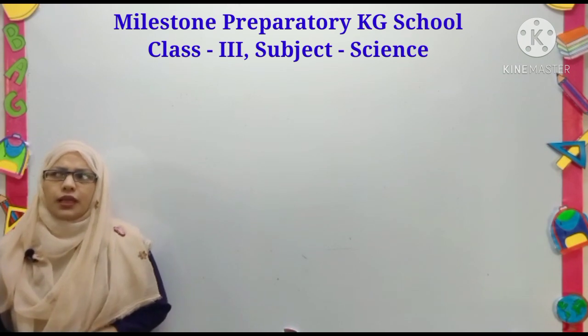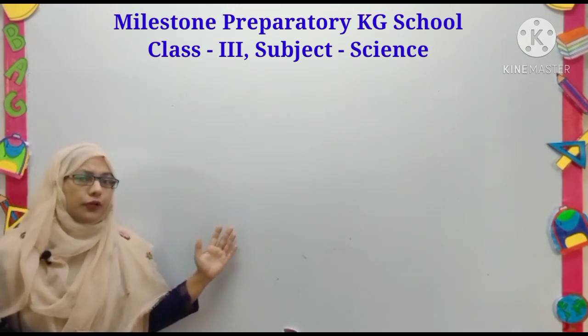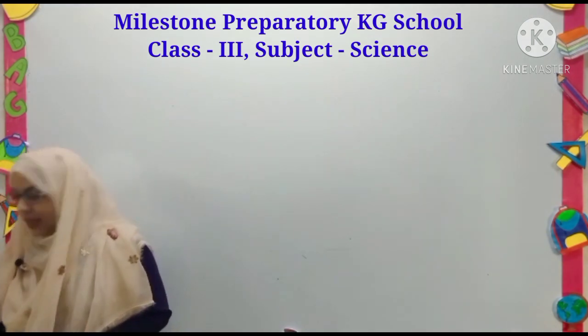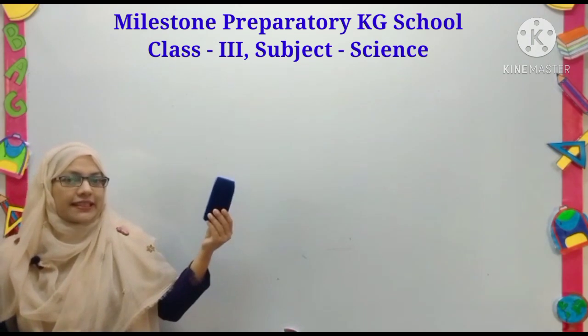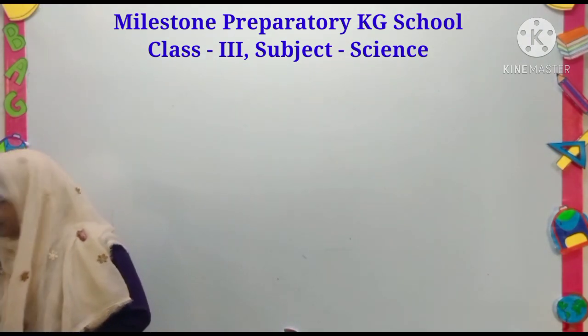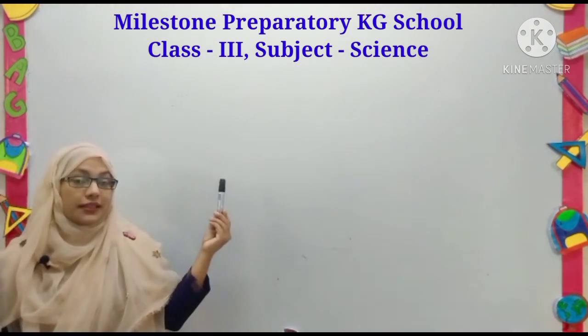For example, I can say there are many things around us. Look at this board. This is a whiteboard. Look at these things. This is a duster. And this is a marker.